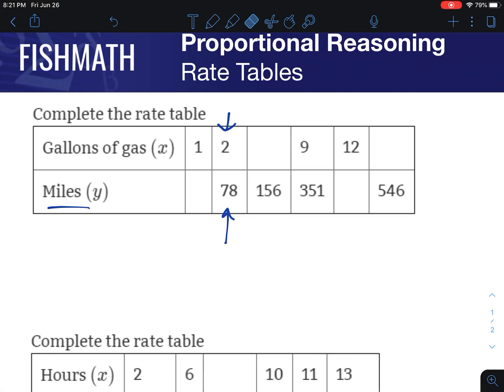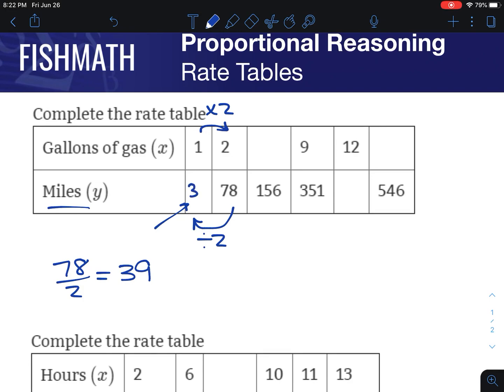So if you want to go backwards down to 1, we've got to find a scale factor from 2 down to 1. Well, 1 to 2 would be times 2 this way. So going backwards would be the opposite of that, which is why it's dividing by 2. It's using a scale factor backwards. So if you take that 78 and just simply divide it by 2, you're going to get 39, which is the unit rate.